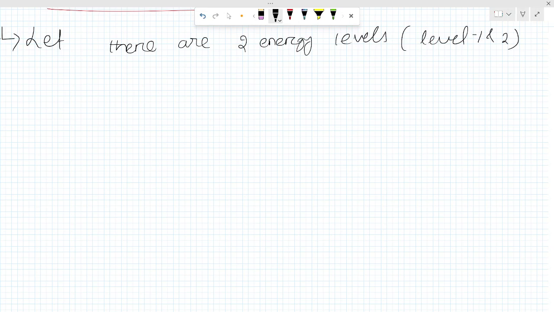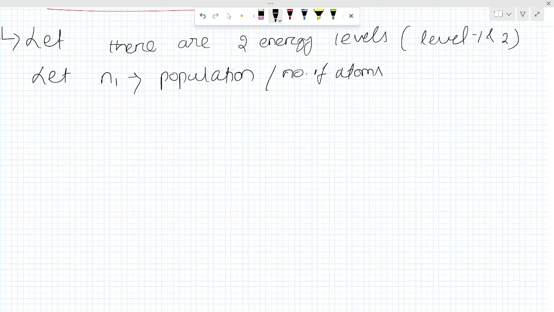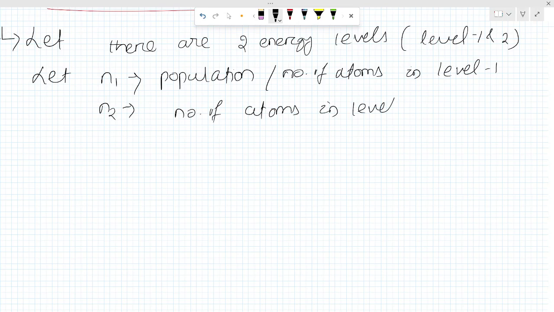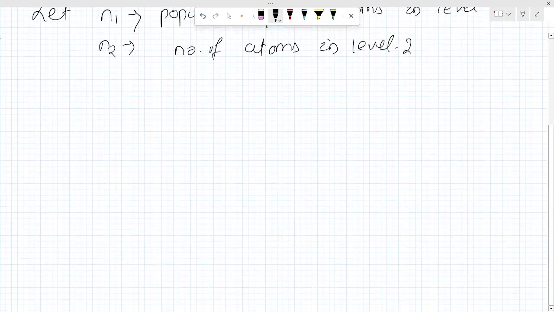Let n1 be the population or number of atoms in energy level 1, and n2 is the number of atoms in energy level 2. Okay, so what will be the ratio?